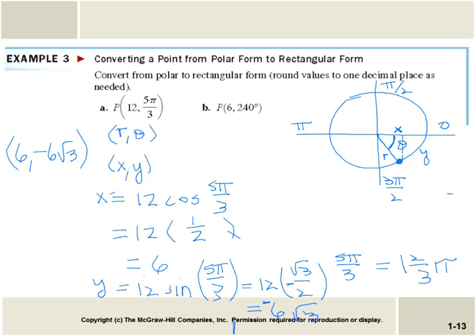Yeah, so if you have a triangle, let's say you have a triangle, right? And here's theta, here's x, y, and r.